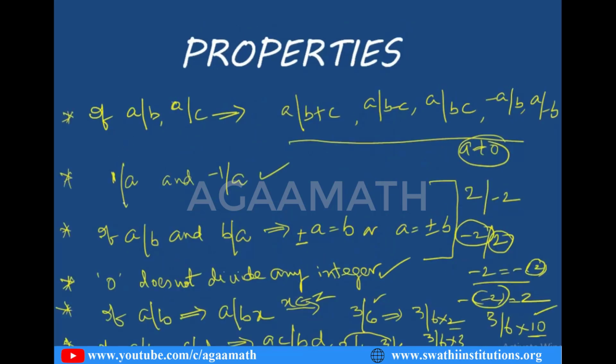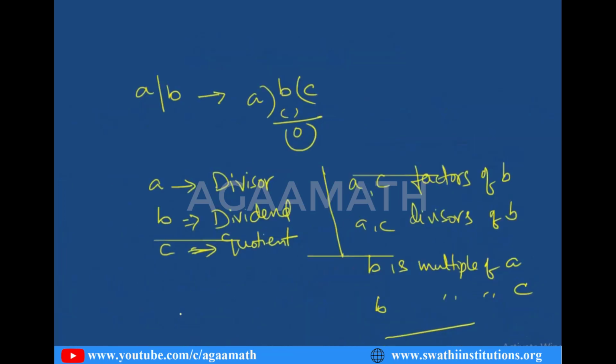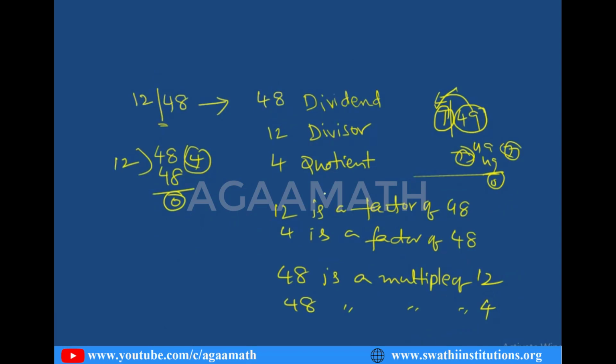There are 1, 2, 3, 4, 5, 6 properties, right? Next, if A divides B, we can name the numbers that we have. One more example we will take, and write all that we discussed in the previous slide. Okay, that's all for this class.